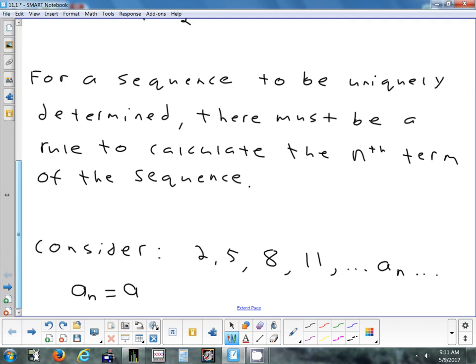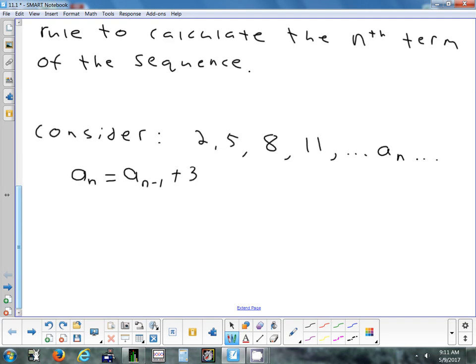So if you're looking for a sub n, how do you think you would write the one before a sub n? Yes, a sub n minus 1. So one of the formulas here is, if you want to know a term, take the one before it and add 3.